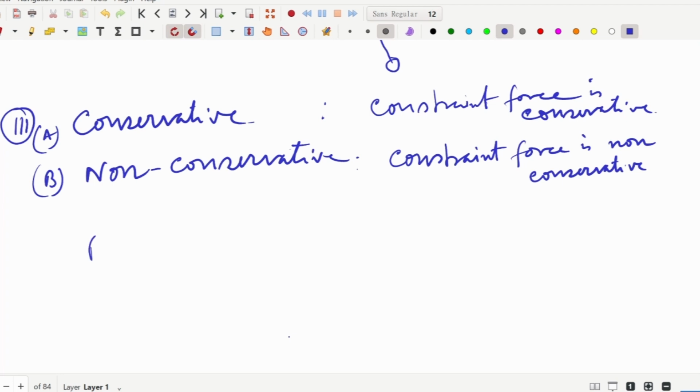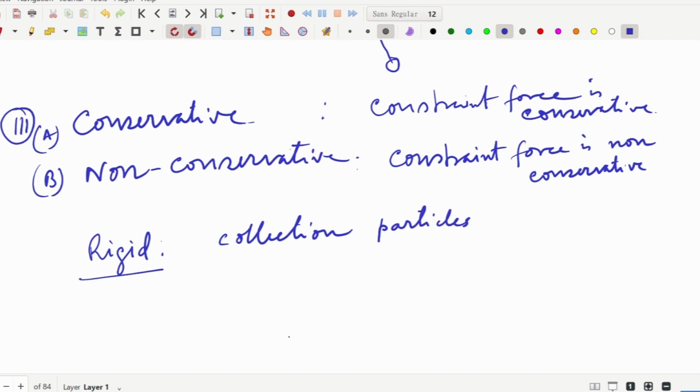And in tutorial class we will see the constraint in a rigid body. So what is a rigid body? That I mentioned in the last class also. A rigid body is a collection of point particles, a collection of particles with fixed interparticle distance.